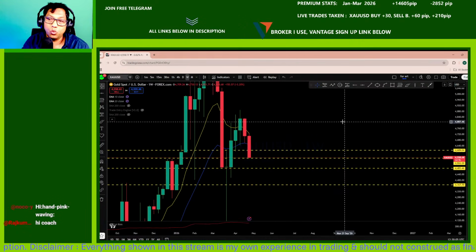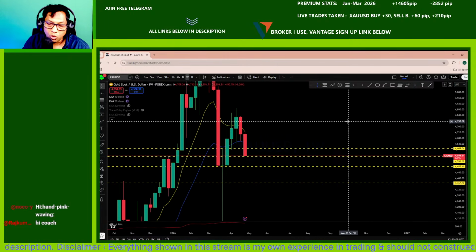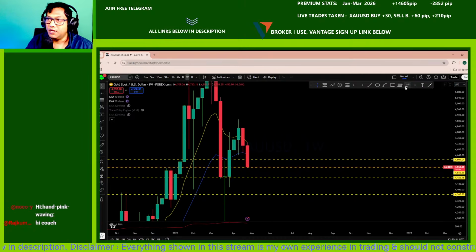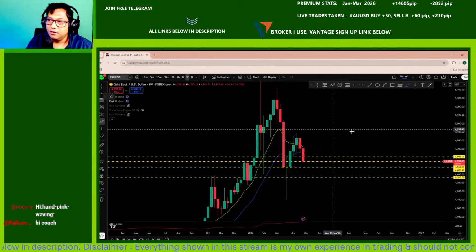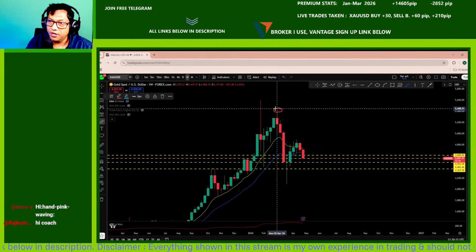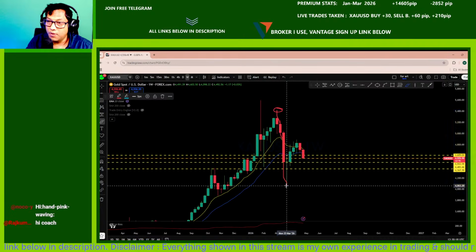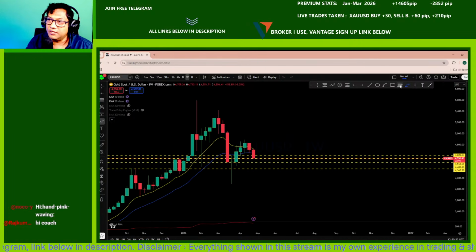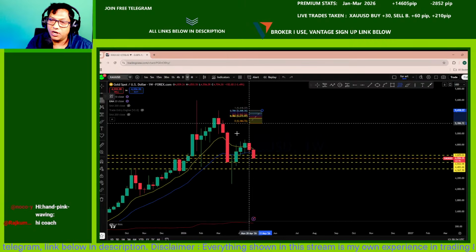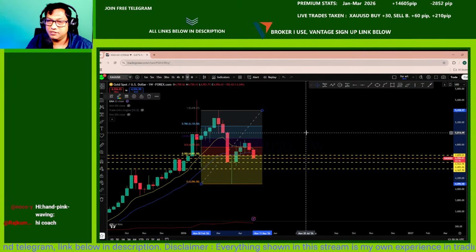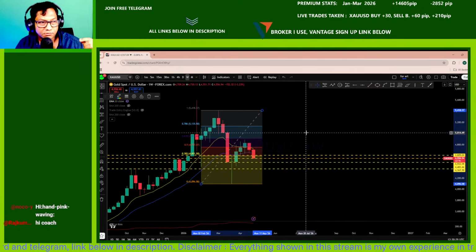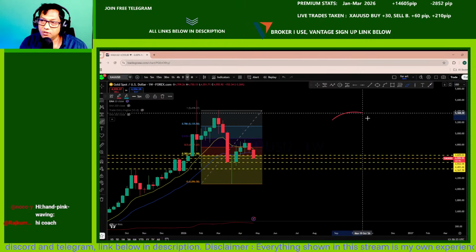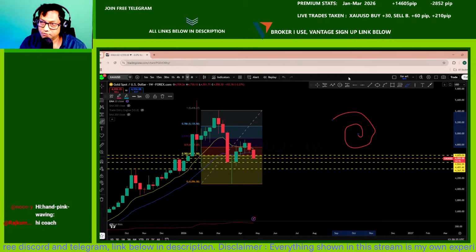Now, if you look at the weekly market structure, this is the weekly move that we can see from here. It's a complete drop back below to this high, and if you look at this Fibonacci, the market is exactly at 61.8%, the golden ratio of the Fibonacci.